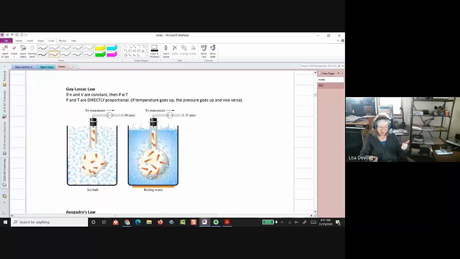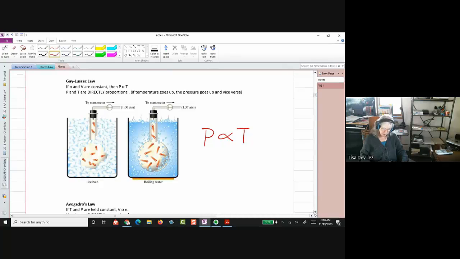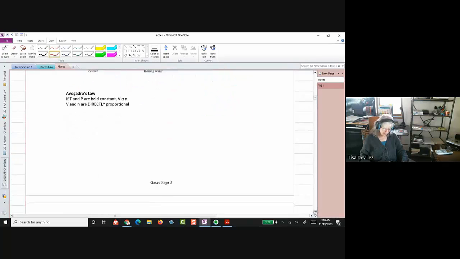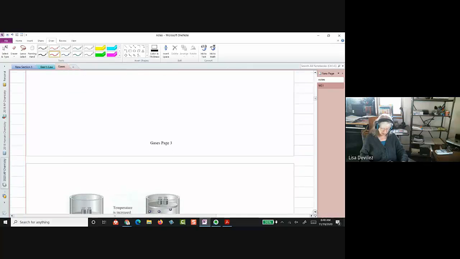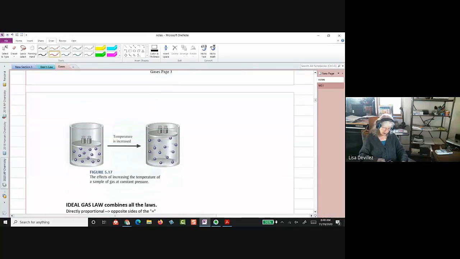So if the temperature goes up and I'm holding the volume constant, the particles are moving faster, so the frequency of collisions is going to increase, which means my pressure is going to go up. So pressure is directly proportional to the temperature. And then Avogadro's law is relating volume and the number of particles.